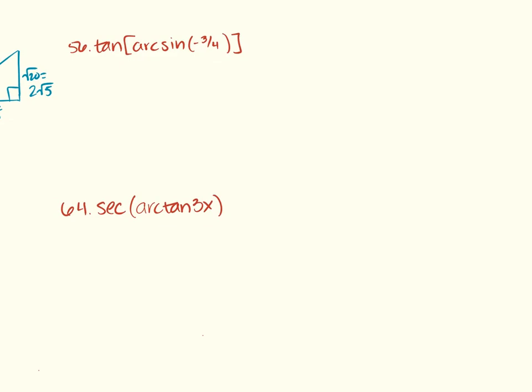For 56, we have tangent of arcsine of -3/4. Remember, arcsine of -3/4 would be in the 4th quadrant, okay? And what they tell us with arcsine of -3/4 is that sine of theta is equal to -3/4. So we know that our opposite side from theta is -3, and our hypotenuse is 4.